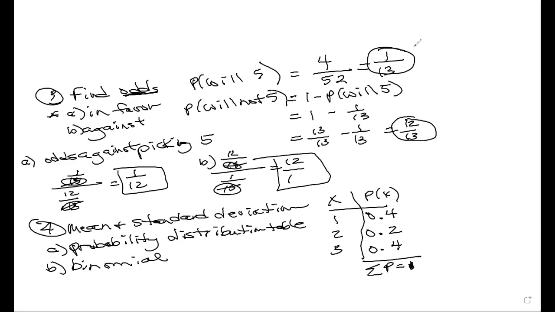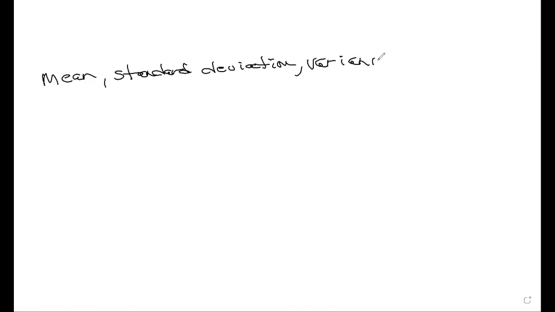Okay. Now, let me make sure we're clear about something. You've got to be able to find mean, standard deviation, and variance for a list of numbers. The calculator will do that.